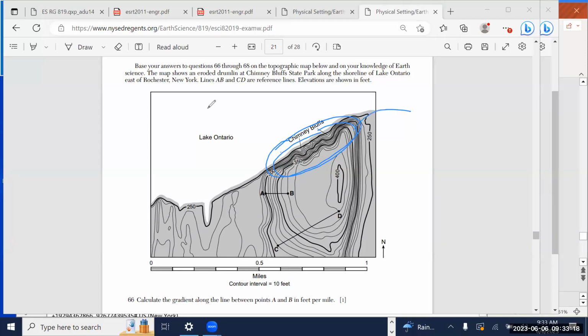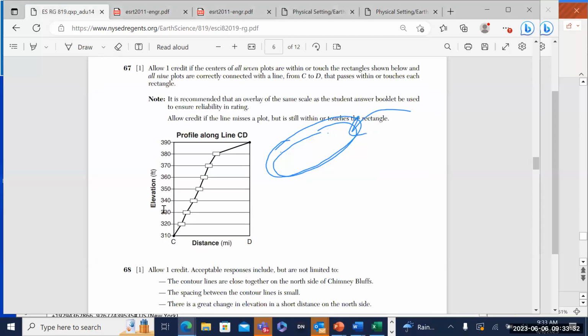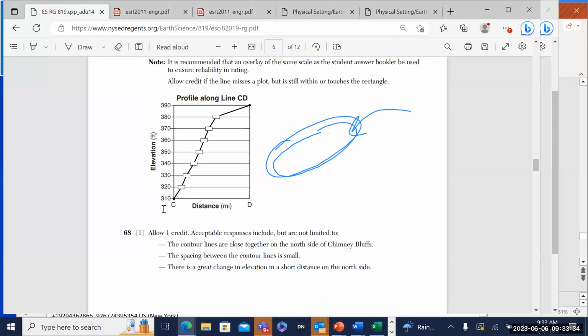It's the fact that there are many iso lines that are together. When you have a lot of iso lines that are close together, that represents the steepness. So on our answer key, if you mention that the iso lines or the contour lines are close together, that lets you know that it's steep.